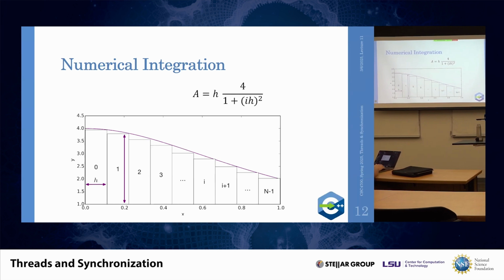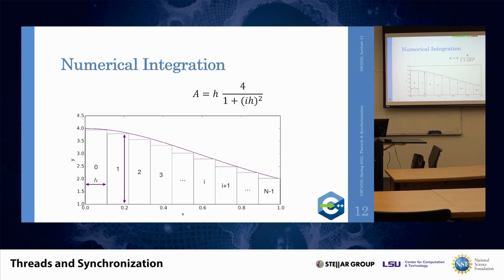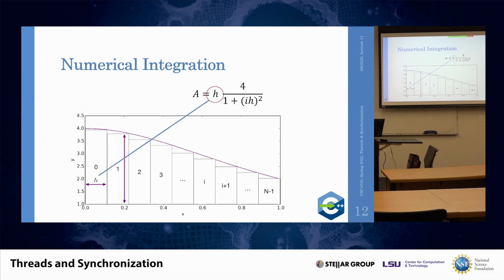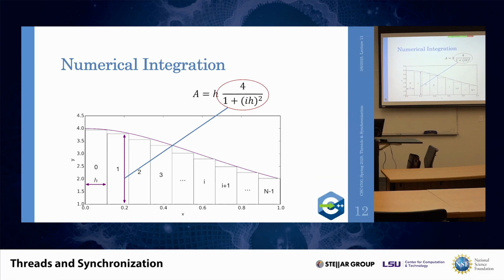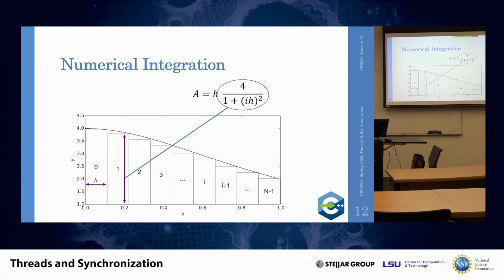So how do we do that? Let's have a look at it. Let's apply Riemann sums and define some rectangles underneath that function, where the area of each rectangle is defined by the width, which is h, and let's assume the width of all rectangles is the same, multiplied by the value of the function at the point where the rectangle ends, which gives us 4 over 1 plus (i times h) squared, right?